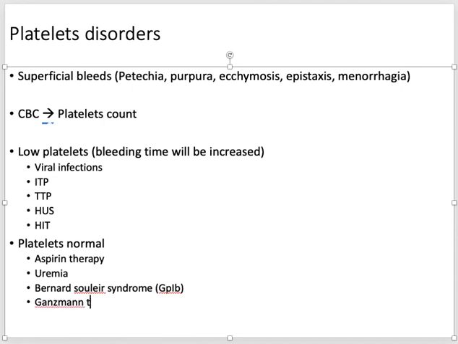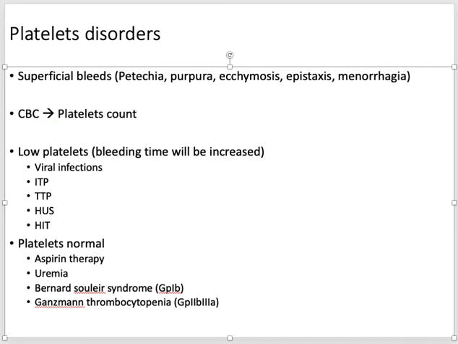Then there is one more called Glanzmann thrombocytopenia. What happens in these people? They have abnormal glycoprotein 2B3A. Now see, these are needed for the platelets to attach with each other.